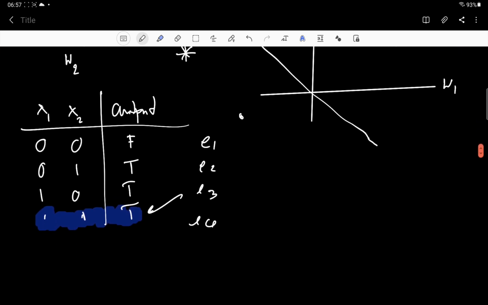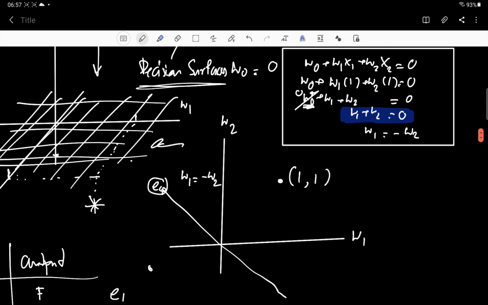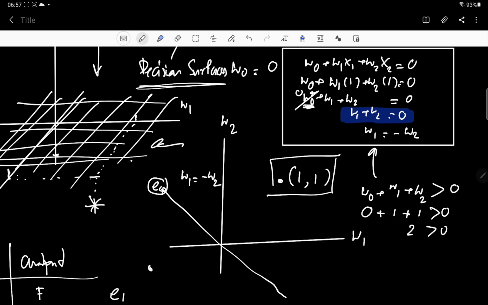You have to take a look at this, because our equation for E4 is W0 plus W1 plus W2 must be greater than 0, right? So W0 is 0, plus 1 plus 1, greater than 0, so 2 is greater than 0. So you can imagine that this point is representative of all weights on this side.